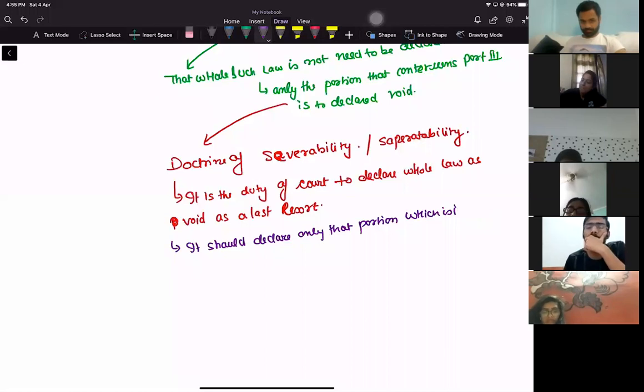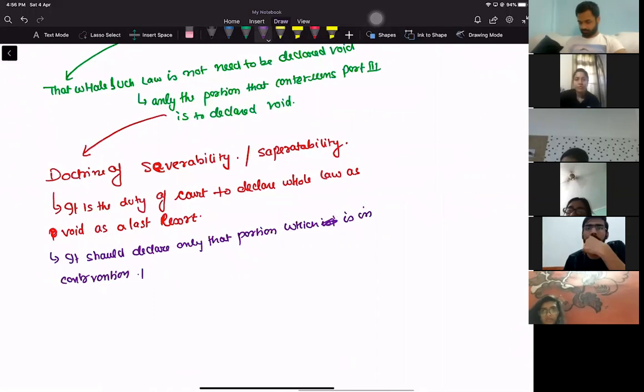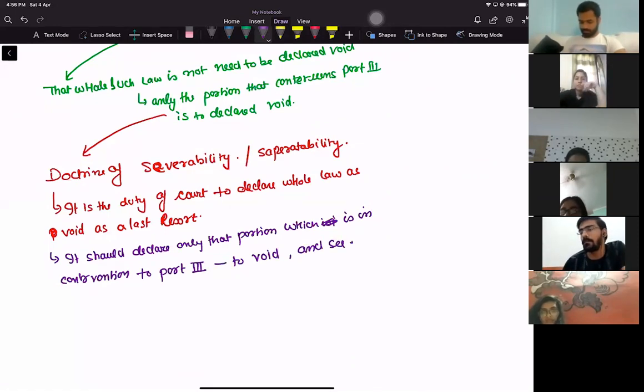Which is in contravention to part 3. It should declare only that portion which is in contravention to part 3 void, and see if the law or legislation still stands on its footing.